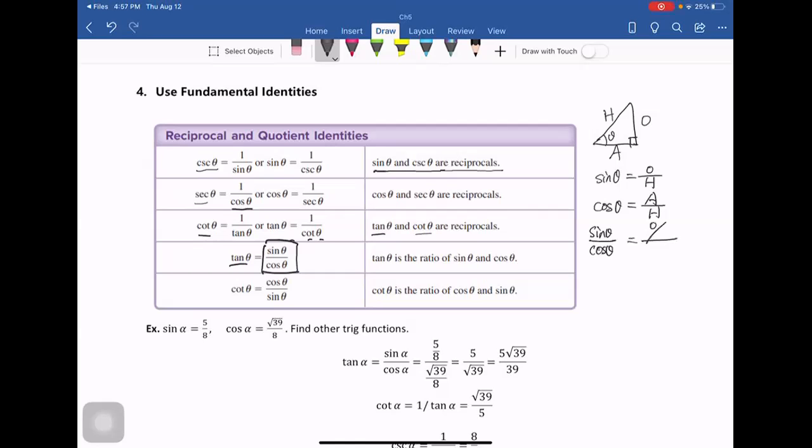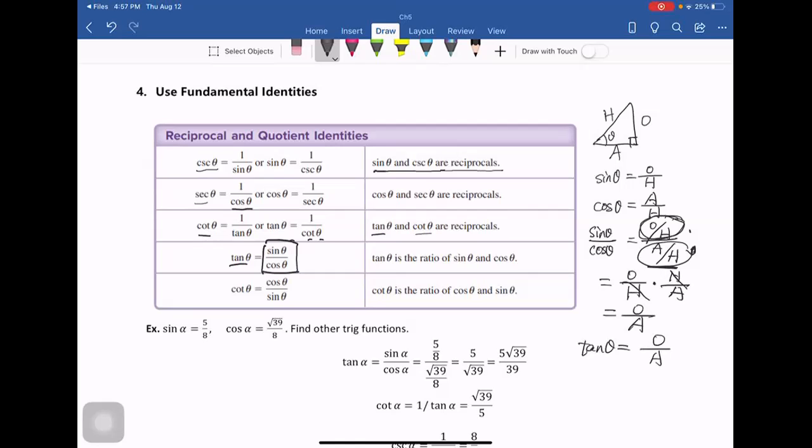That's opposite over hypotenuse divided by adjacent over hypotenuse. So this one divided by this one equals this top times the reciprocal of the bottom one. That equals O opposite over hypotenuse times flip these, which is H over A. H cancels out. I have opposite over adjacent. Do you remember tangent theta equals opposite over adjacent?